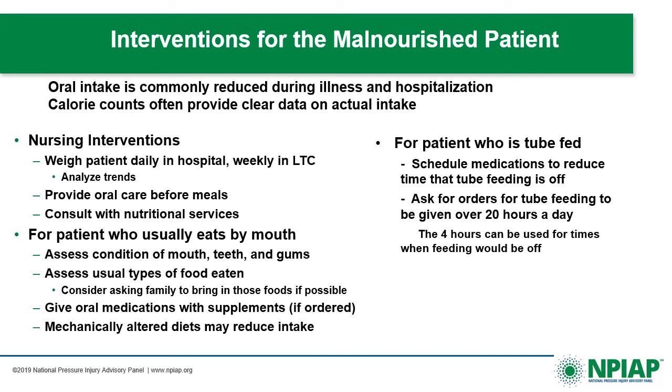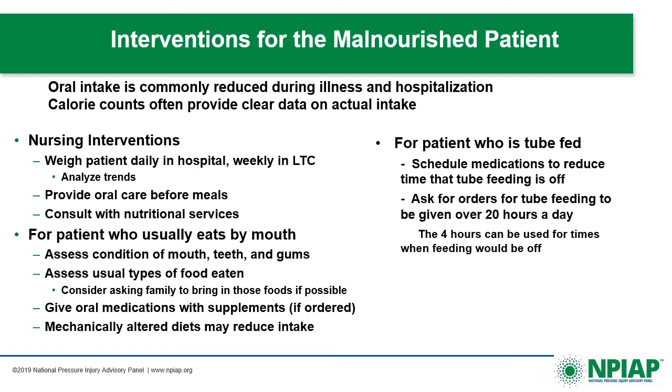They have great ideas on how to improve intake, offer different choices in foods that the patient may not realize they have. So if you're working with a patient who normally eats by mouth, assess the condition of their mouth, their teeth, and their gums, and make sure that they don't have problems such as stomatitis or difficulty chewing the type of food that they're being given on their trays.